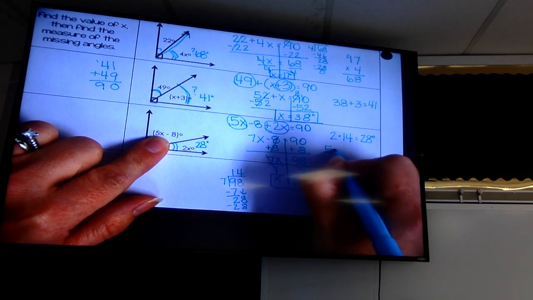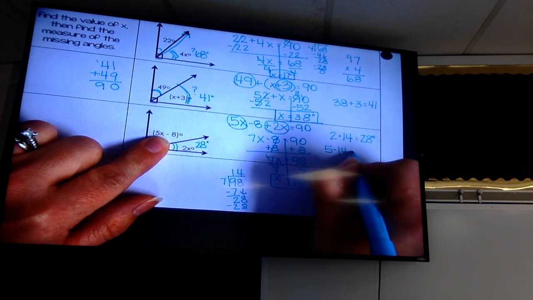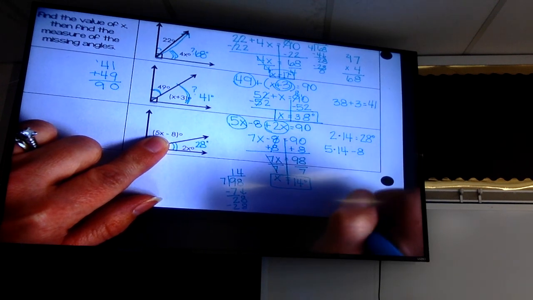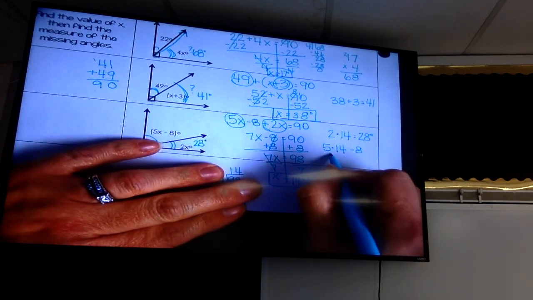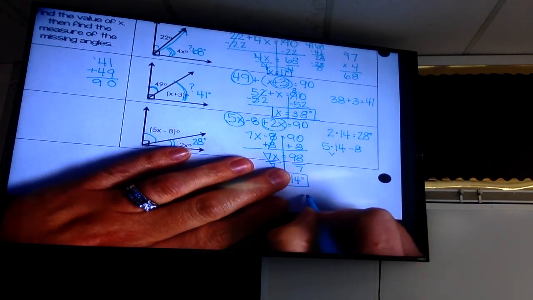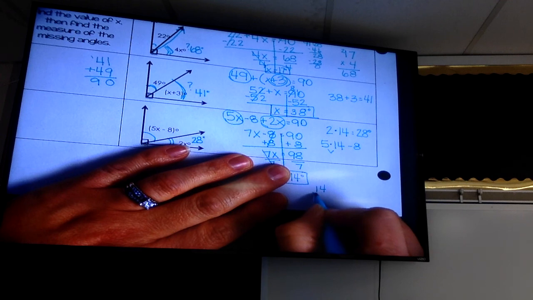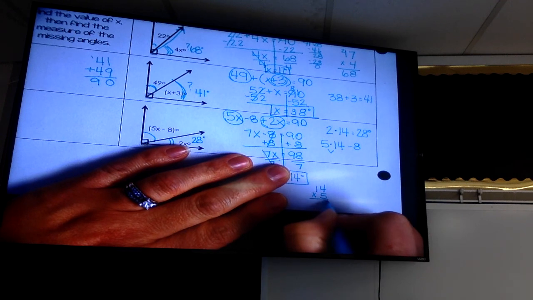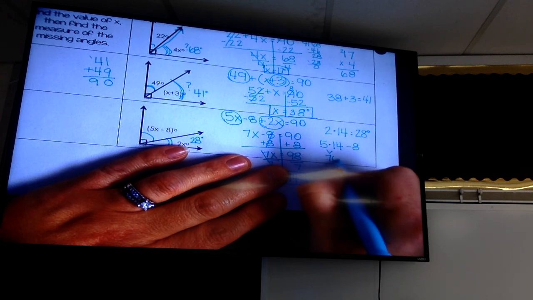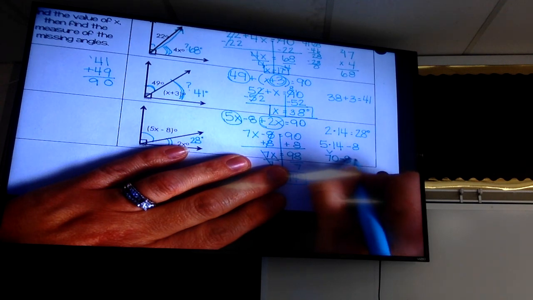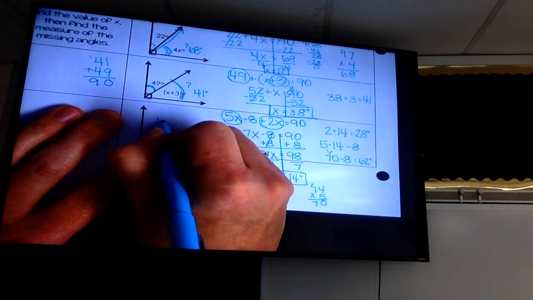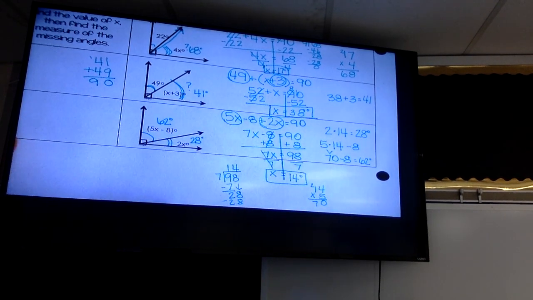It says 5 times x, which we now know x is 14, minus 8. So if I follow order of operations, I'm going to do 5 times 14 first. All right, 14 times 5 would give me 70. So 70 minus 8, that gives me 62 degrees. So I know this one must then be 62 degrees.